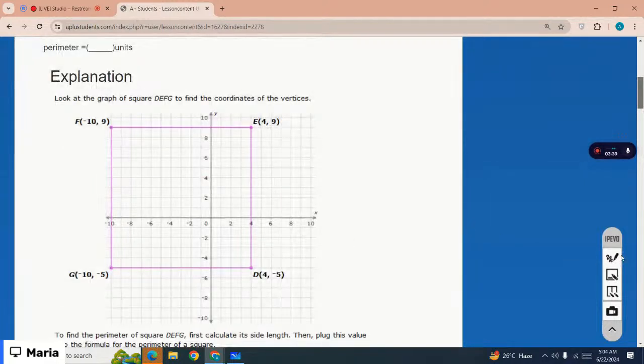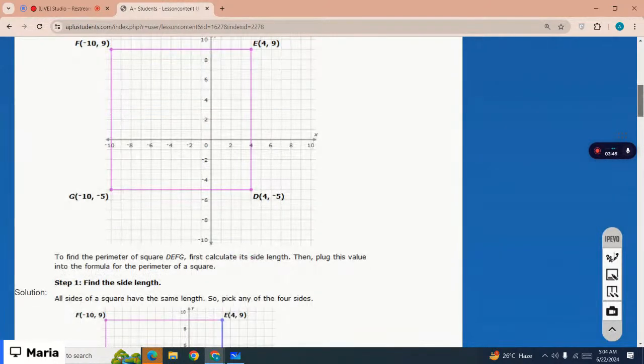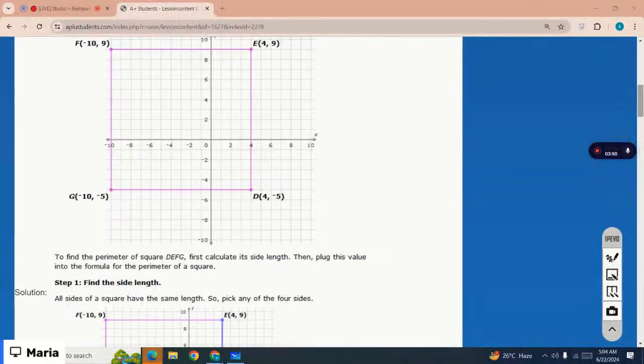Just look at the y component. That would be 9 and 5, 14. So the distance from here to here is 14. They have the same y component. Just look at their x components, right? That is also 14.